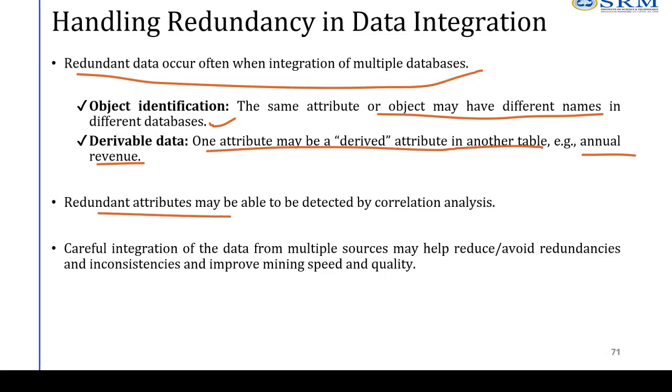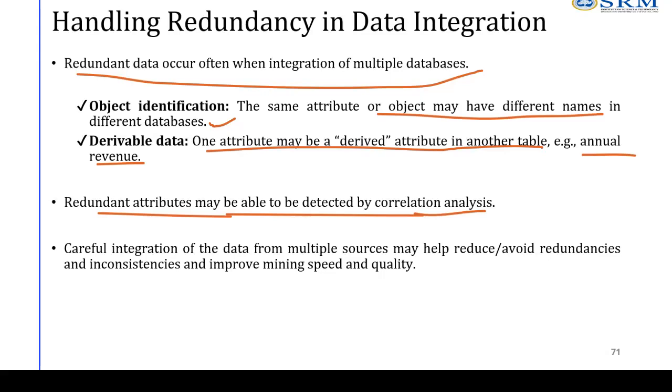Redundant data or attributes may be detected by correlation analysis. Handling redundancy is very important in data integration, because avoiding data redundancy is almost impossible, as duplications will happen during integration.